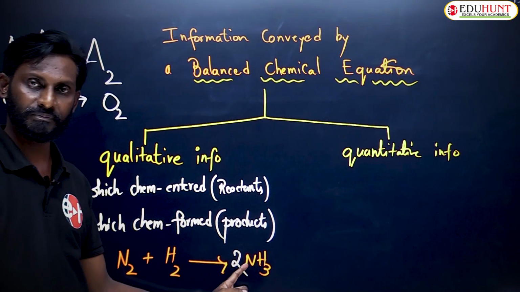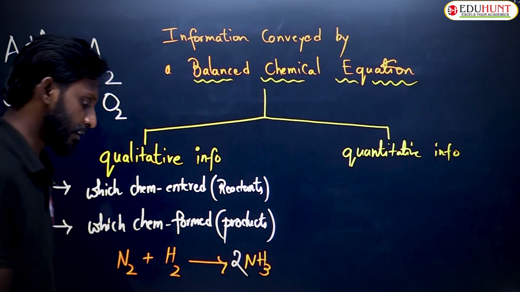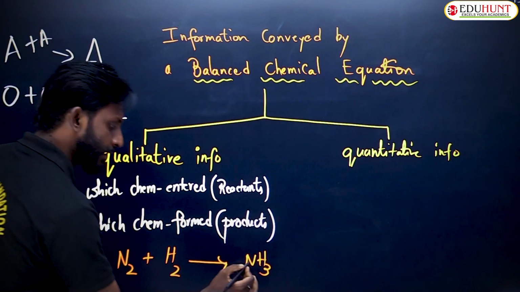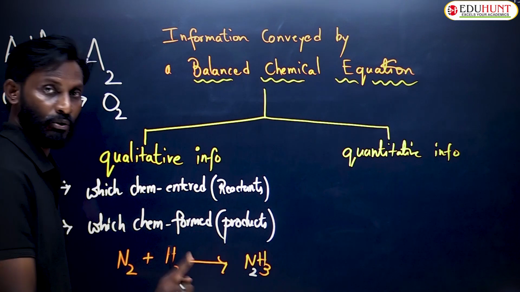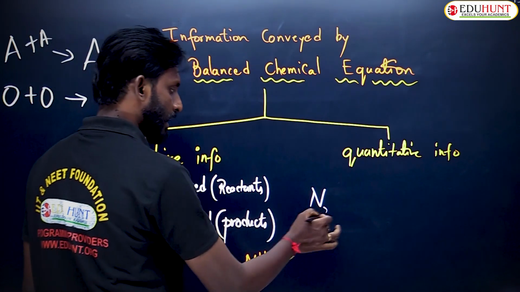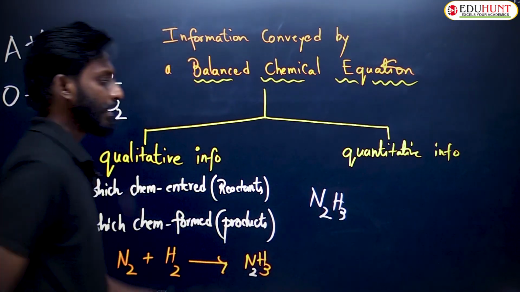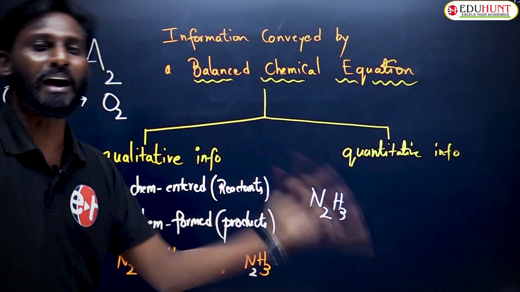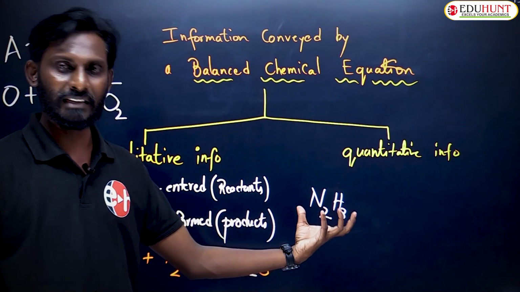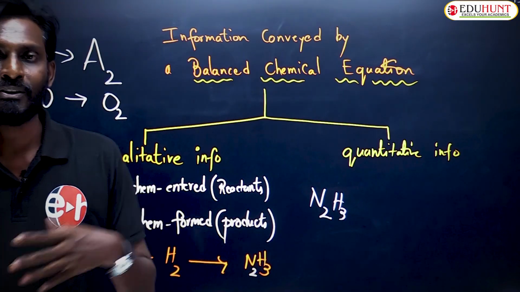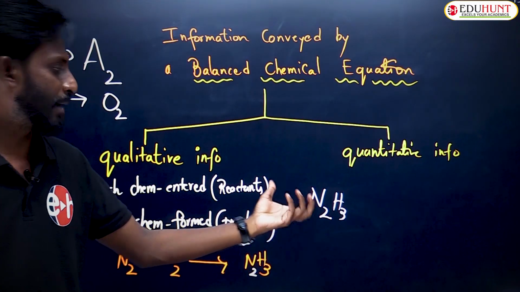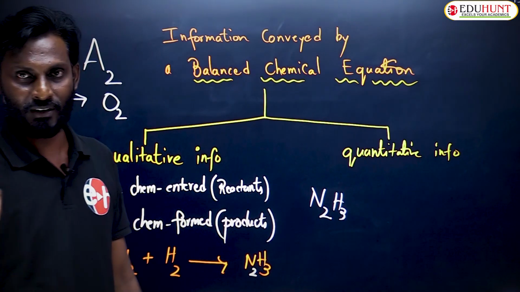Never balance by changing the subscript here. When you write N2H3, it will become an entirely new compound. This is not ammonia. It is a different compound. Whether it exists in real life or not, you prepared that on paper. So never do that.